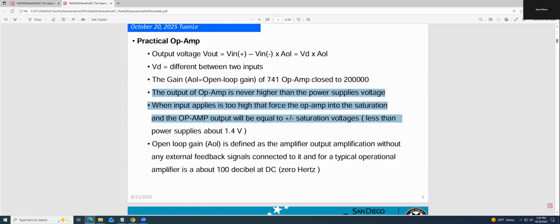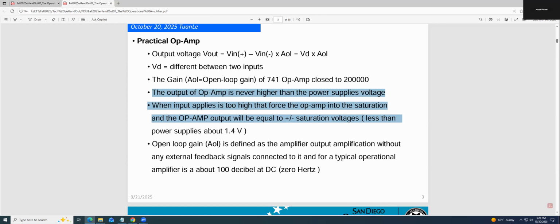We're using the power supply voltage in the lab for the op-amp, plus 15 volts and minus 15 volts. Okay, when the input applied is too high, that forces the op-amp into saturation. And the op-amp output will be equal to plus or minus the saturation voltage, less than the power supply by around 1.4 volts. Okay.